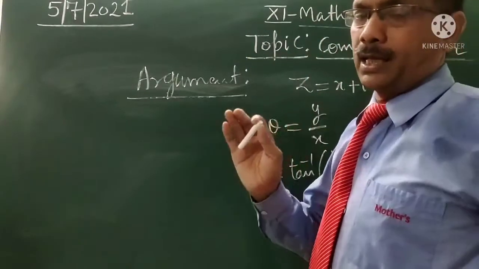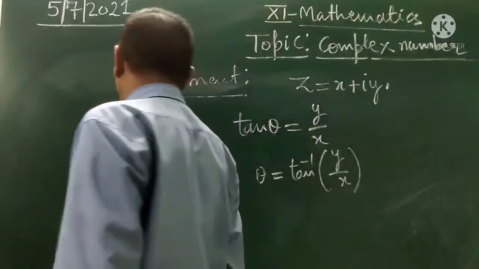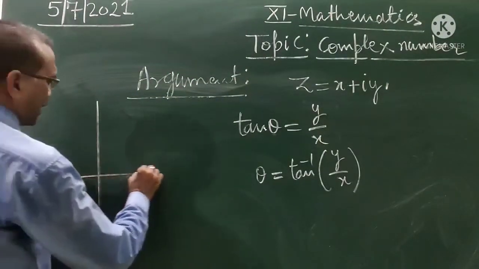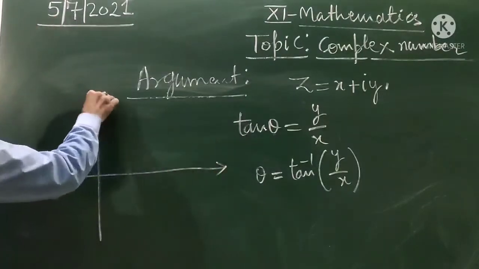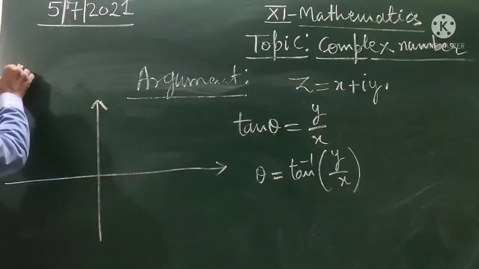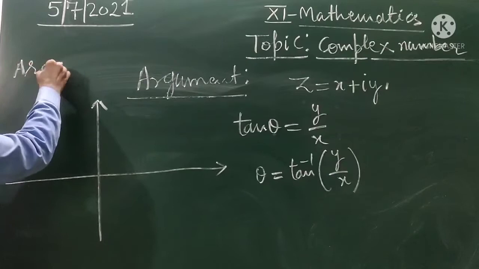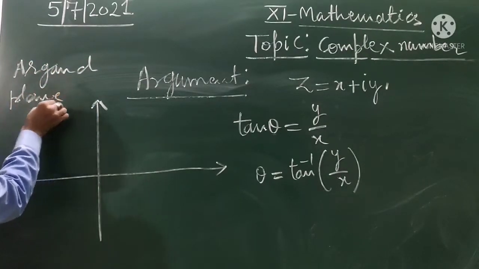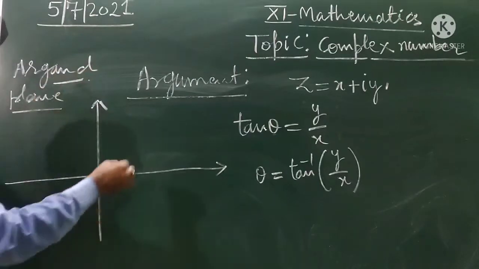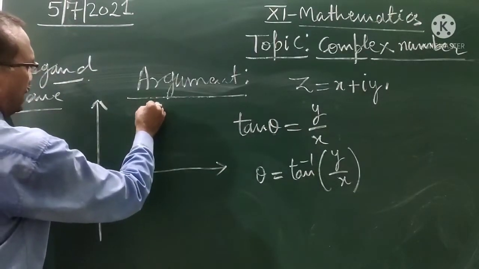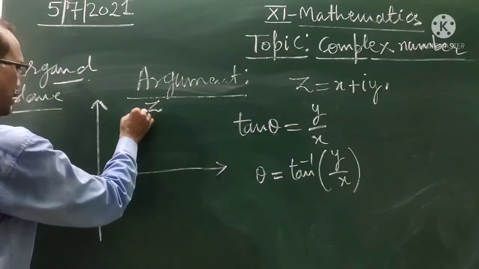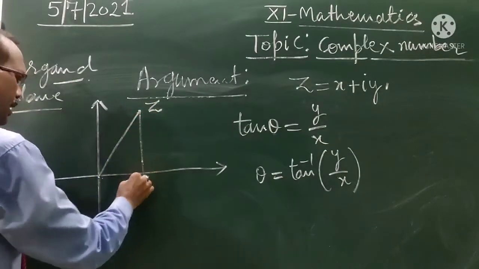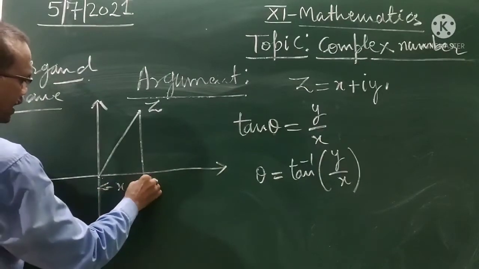Now let's come to the details of all these things. Dear student, there is an Argand plane. Name of the plane is called Argand plane. Let there be a complex number z. Then, if we draw the perpendicular, it is x, that is y.